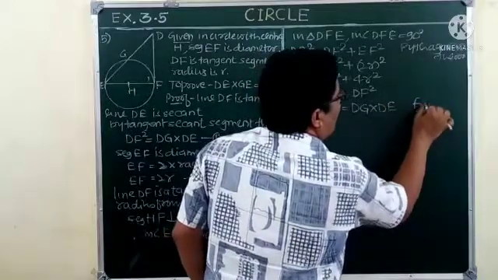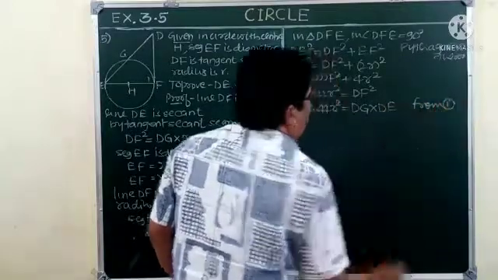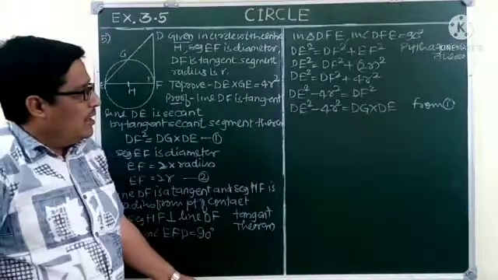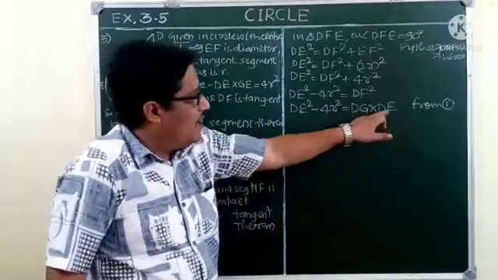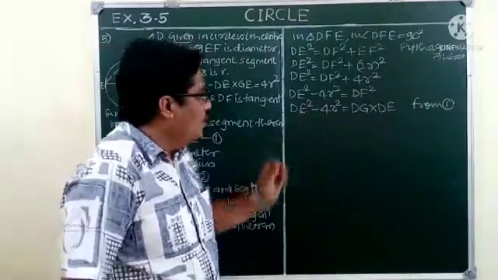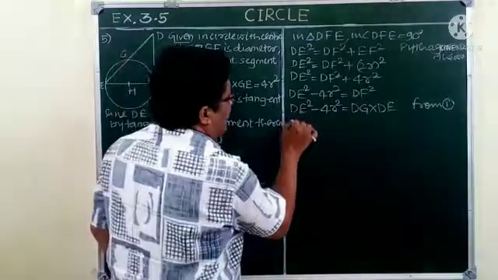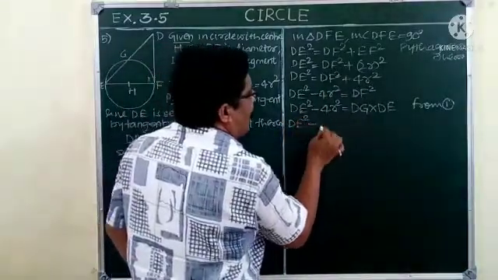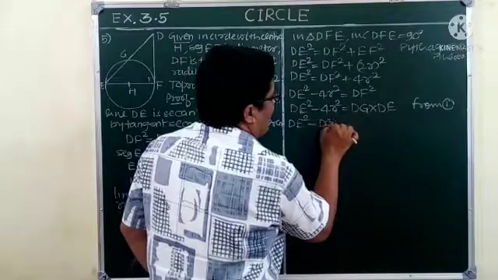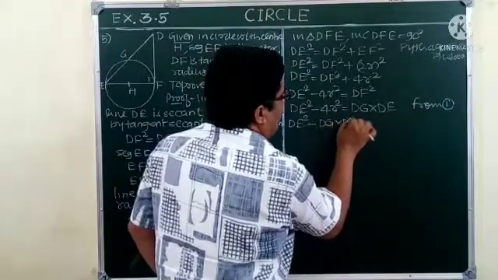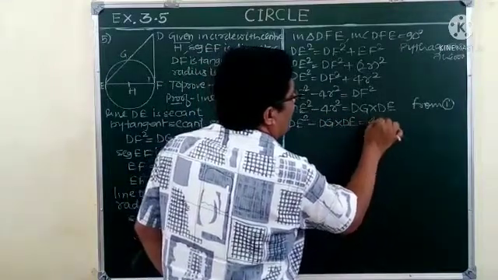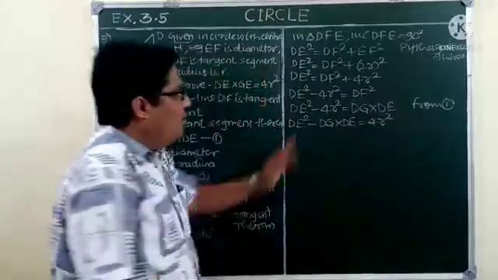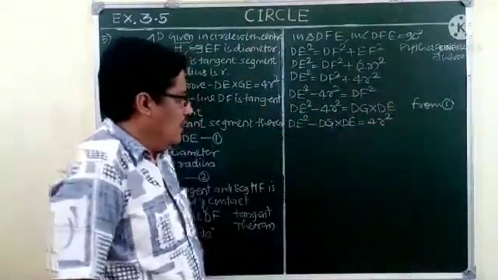This is from equation 1. यानंतर आता ही जी किंमत आहे, ही जी राइट हँड साइड आहे ती आपण इकडे घेऊ. सो इट विल बिकम DE स्क्वेअर मायनस DG multiplied by DE is equal to 4R स्क्वेअर. हे 4R स्क्वेअर आपण वापस त्या जागी आणलेला आहे.